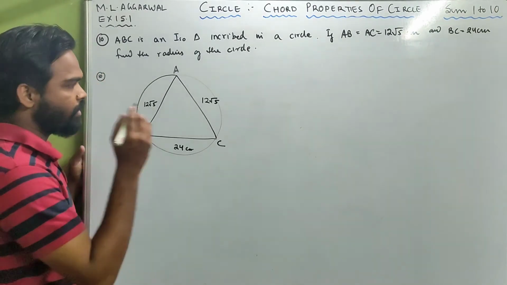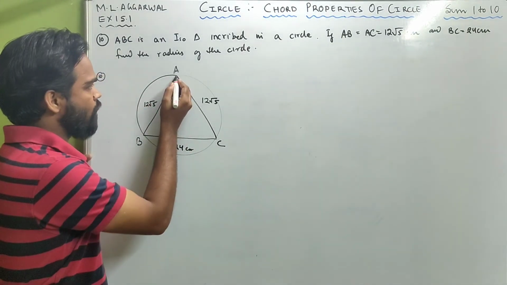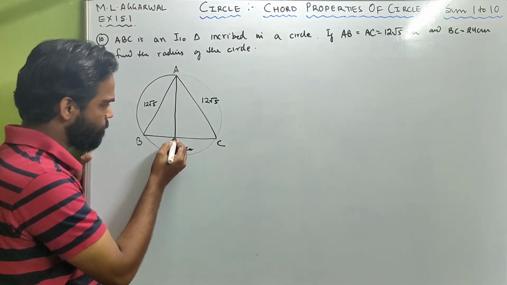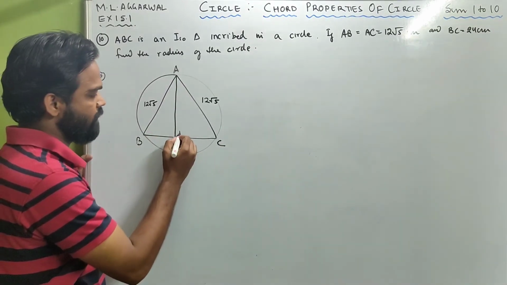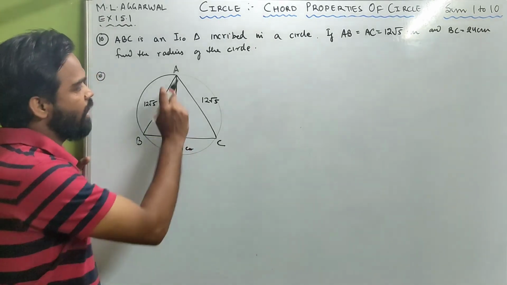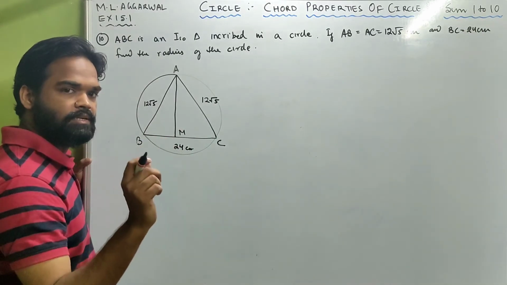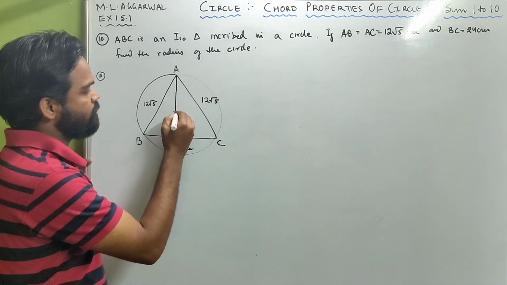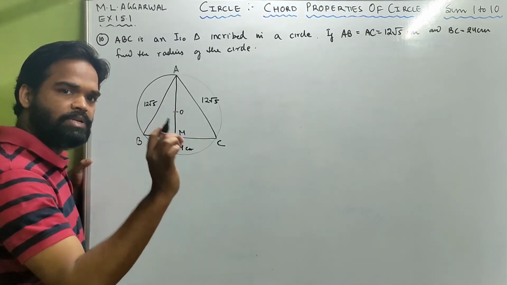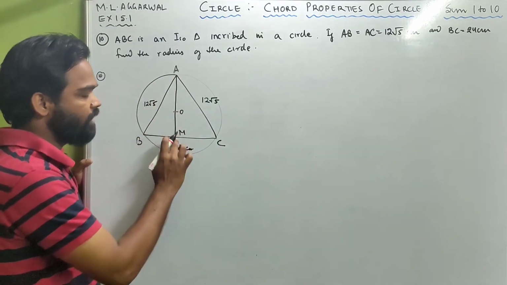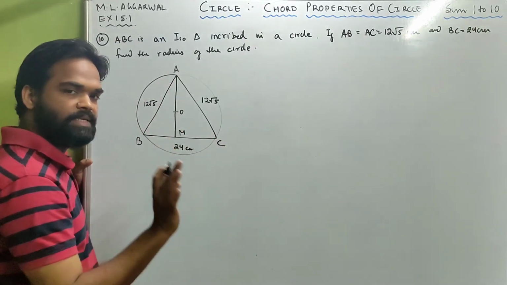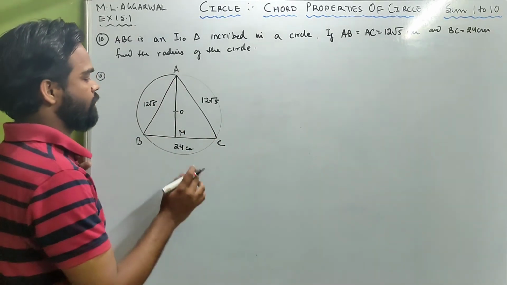Very interesting. Just remember one thing, if you drop a perpendicular from A on BC, suppose M, then the center of the circle will lie on this perpendicular. Suppose somewhere over here, O. O is the center of the circle which lies on the perpendicular from vertex A on BC. Now just look carefully.